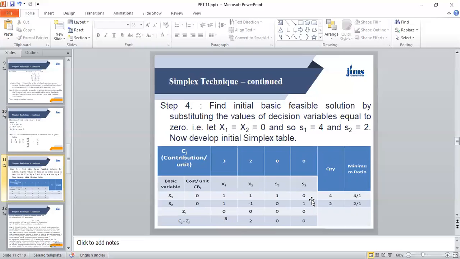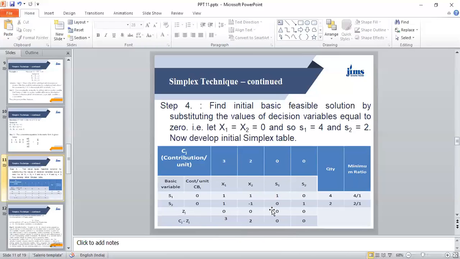Then we write Cj minus Zj. Cj minus Zj is what? Cj is 3 here, 2, 0, 0, minus Zj is 0, 0, 0, 0. So Cj 3 minus 0 is equal to 3, 2 minus 0 is equal to 2, 0 minus 0 is equal to 0, 0 minus 0 is equal to 0.